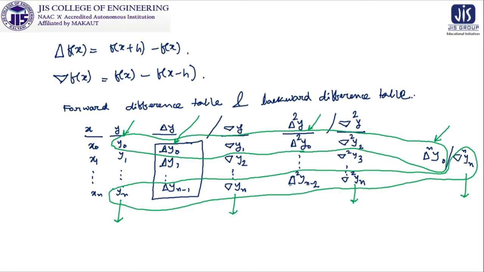So now we are going to introduce Newton's backward interpolation formula, where you will see how this information is used in that formula, and after that we will see some problems.